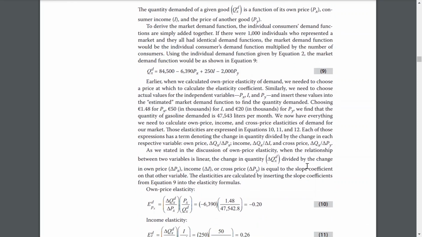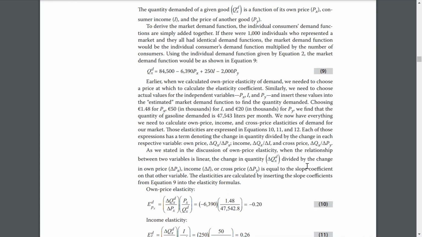Earlier, when we calculated own price elasticity of demand, we needed to choose a price at which to calculate the elasticity coefficients. Similarly, we need to choose actual values for the independent variables PX, I, and PY, and insert these values into the estimated market demand function to find the quantity demanded, choosing 1.48 for PX, 50 in thousands for I, and 20 in thousands for PY.